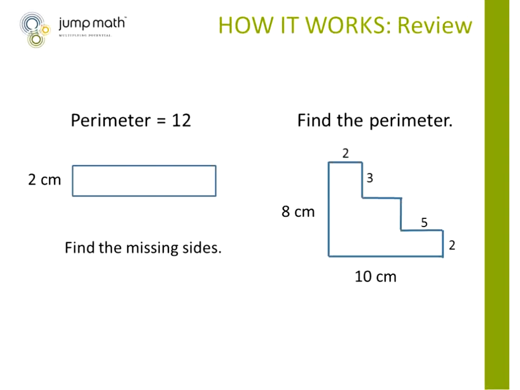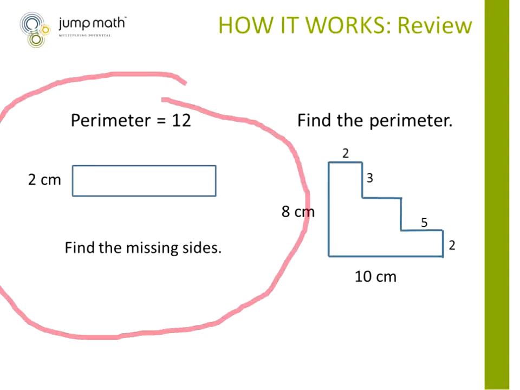So we once filmed a lesson in Parkdale in Toronto on perimeter, and these were the two problems that I wanted to get to on this page. One was that I wanted the kids to be able to find the missing sides in a rectangle if they were given the perimeter, so this is the first problem. And then the other thing we wanted them to solve is more complicated problems where they had missing sides in a complex shape.